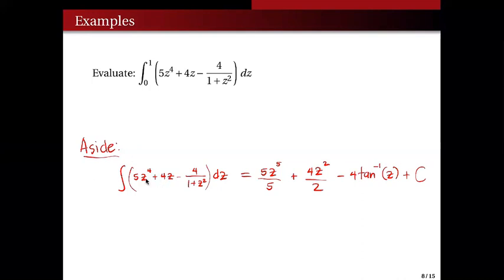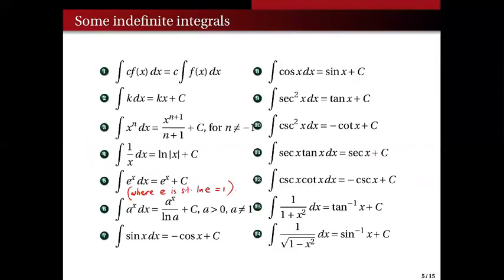So again, for these two guys here, we used the power rule for the integrals. For this guy here, remember arctangent. So for the last time, I'll show the set of formulas again. So I'm using this guy here. Integral of 1 over 1 plus x squared dx, that's tangent inverse of x plus c. Then for the other two guys, I used this here.